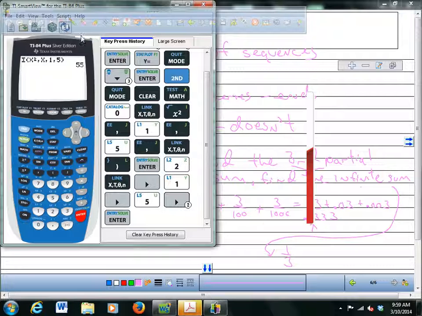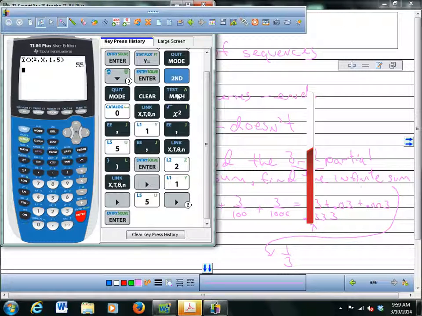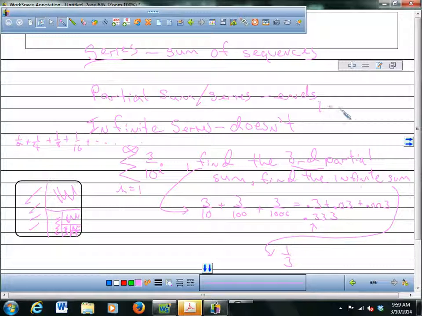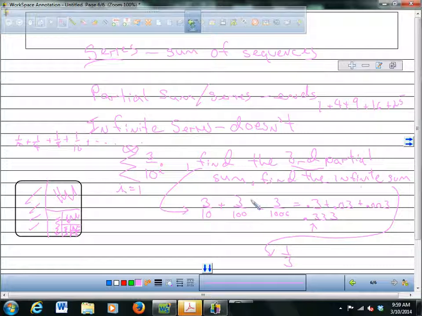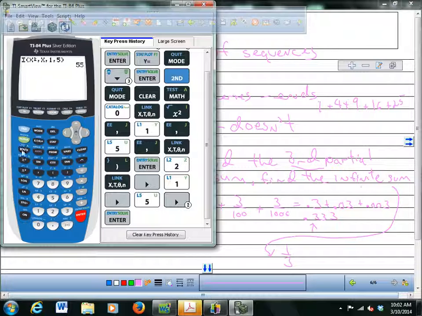So what I just did here, I added up 1 plus 4 plus 9 plus 16 plus 25. Right? That's this. So going back again, I went math 0, and then I plugged in my formula, and then starting at x, going from 1 to 5. See? And you could look, let's see if it gives you a table. Oh no, I'd have to put it into y equals to get a table.